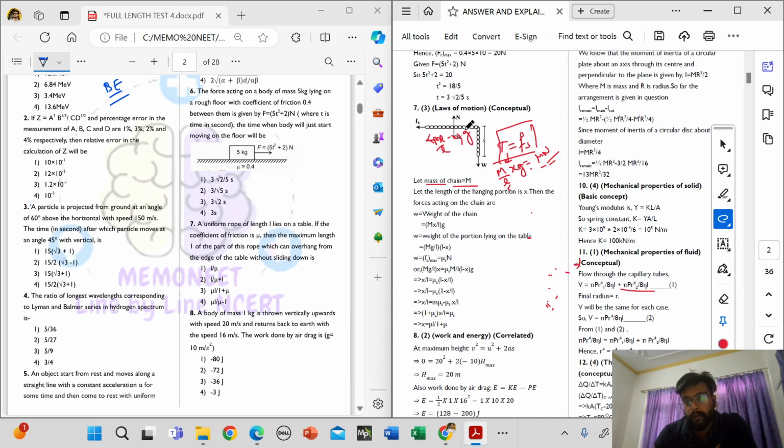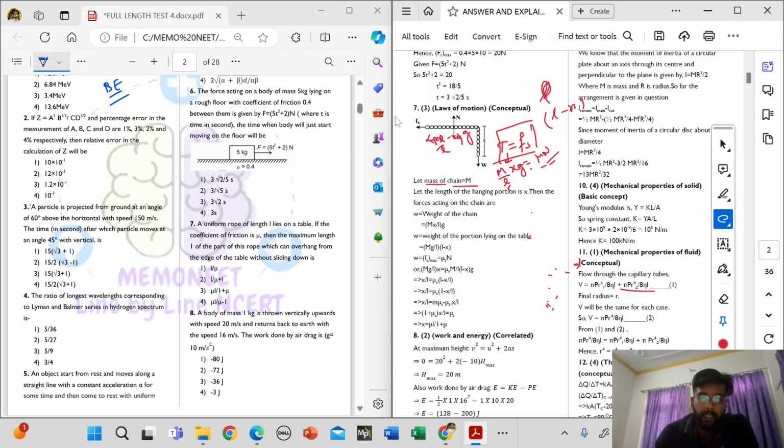Its total length is L, and some part of it is hanging downside. We have taken this part as x. So the remaining part that is on the table is L minus x.